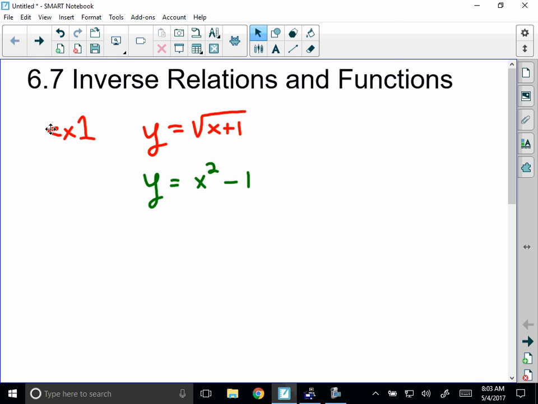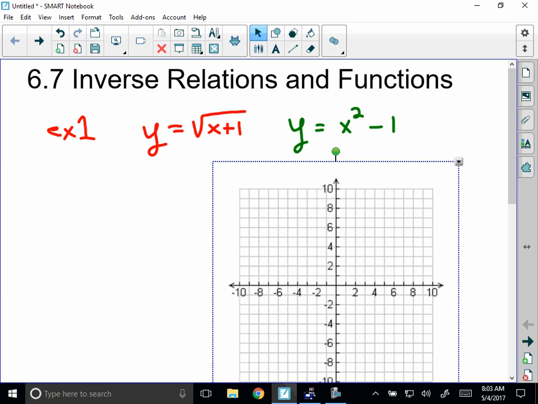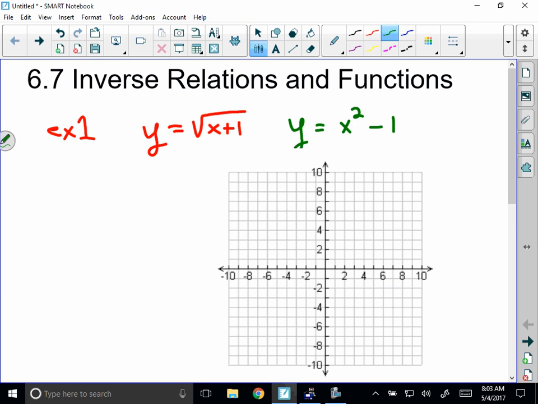So what I'd like to show you on a graph is what the graphs of these two things look like. I haven't got my TI Inspire hooked up yet, so maybe we'll just kick it old school for a minute. If I just graph the square root function, it goes through the origin, it goes through 1, 1, it goes through 4, 2, and it goes through 9, 3.